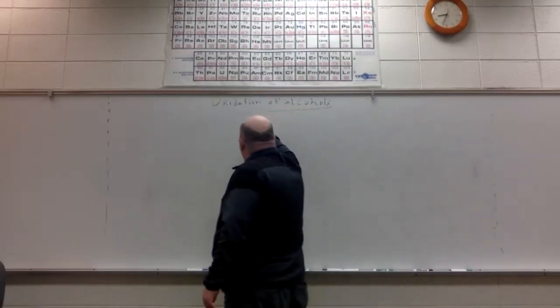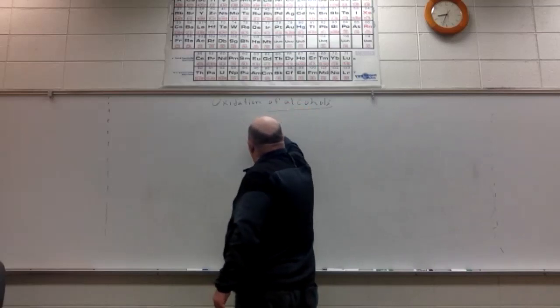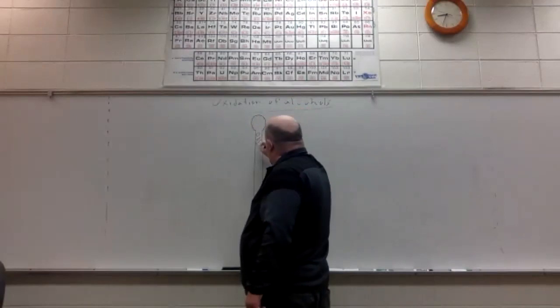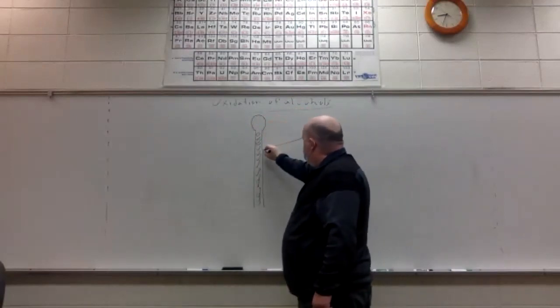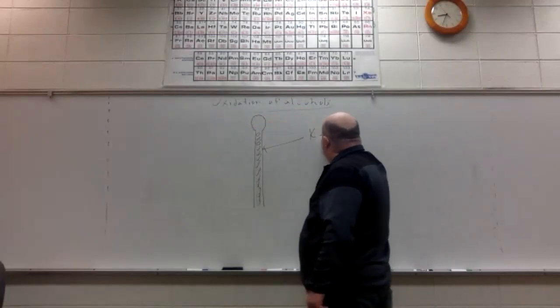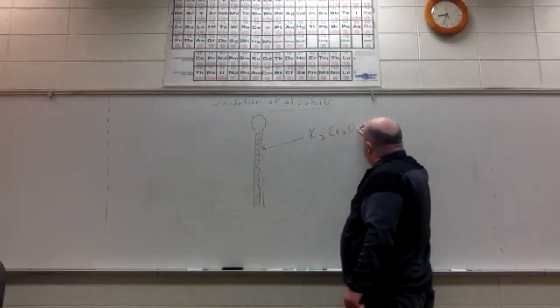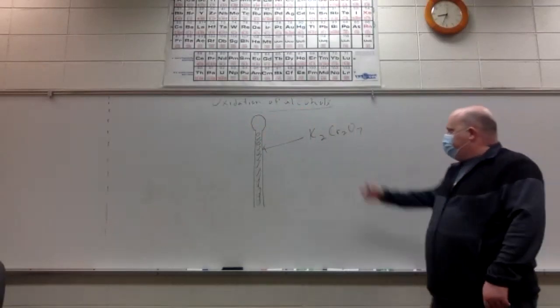They would basically have these tubes with a little balloon at the end, filled with a packing material. And this packing material would be potassium dichromate. And this has a color.